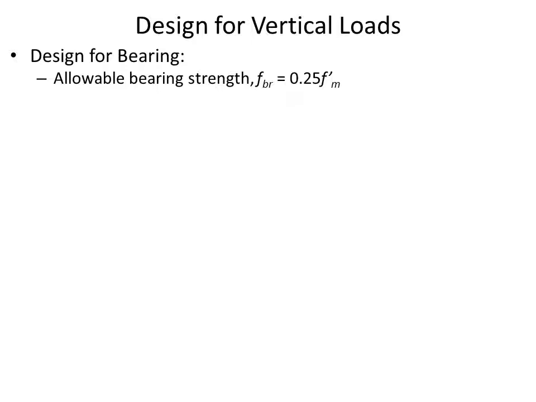That takes us to the design for bearing. The allowable bearing strength is simply equal to 1/4 of the masonry strength, which is F'm. So this is 0.25 F'm. The axial compressive stress is simply what you know from mechanics, which is P over A effective.